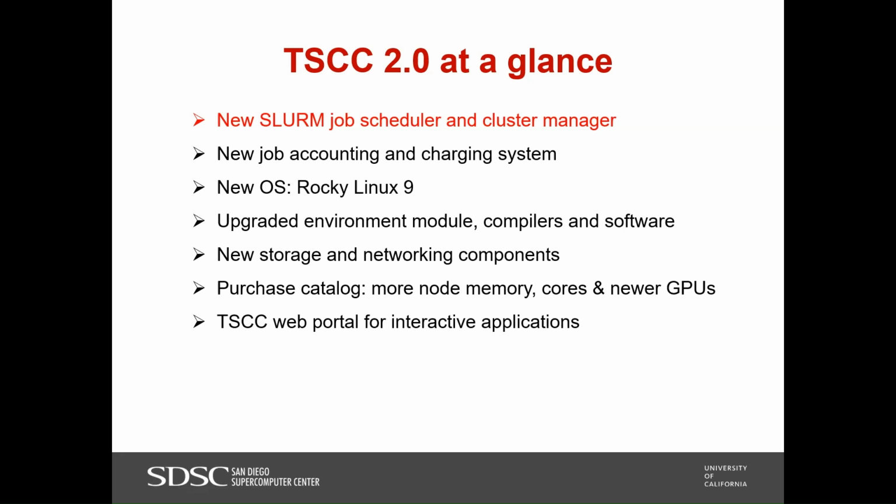So that's a fundamental upgrade of our OS. And we also have upgraded our environment module, compilers, and the whole software stack. And we also purchased new storage and networking components for all of our TSCC users.